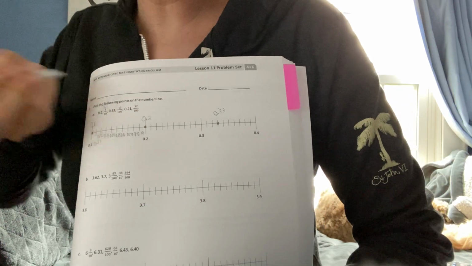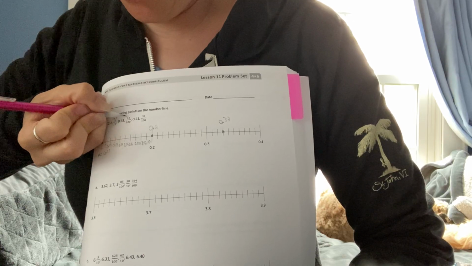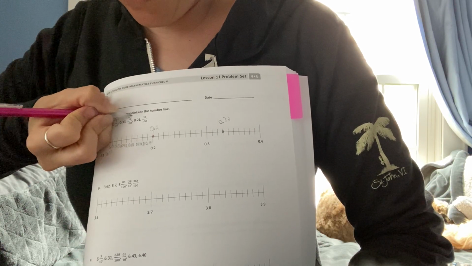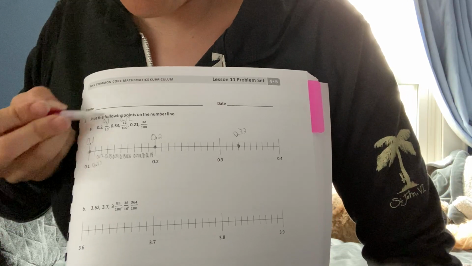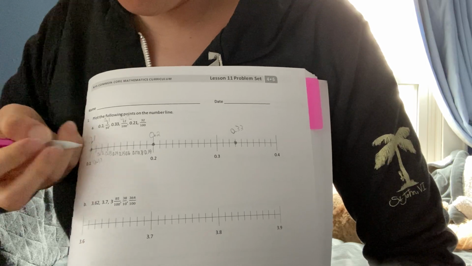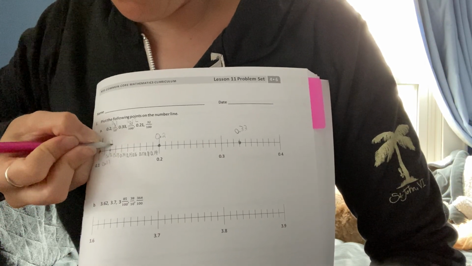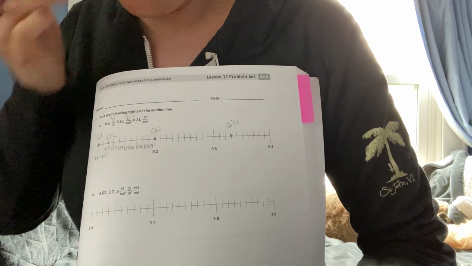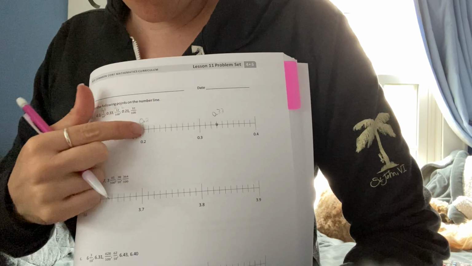This number, 12/100ths. So we know that 12/100ths is written like this, 0.12. That means 1/10 and 2/100ths. So here's our 1/10, and go over for your 2/100ths. 0.12. Then we have 0.21. That means 2/10 and then 1/100th.